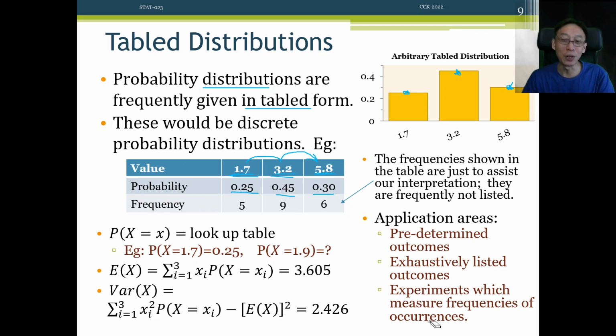Experiments which measure frequencies of occurrences. Sort of like the third row here, which I show just for assisted understanding. Normally the third row is not given. But if you're doing experiments, you're counting successes, counting the observations that give you 1.7, 5 times. So you do that, 5, 9, and 6.